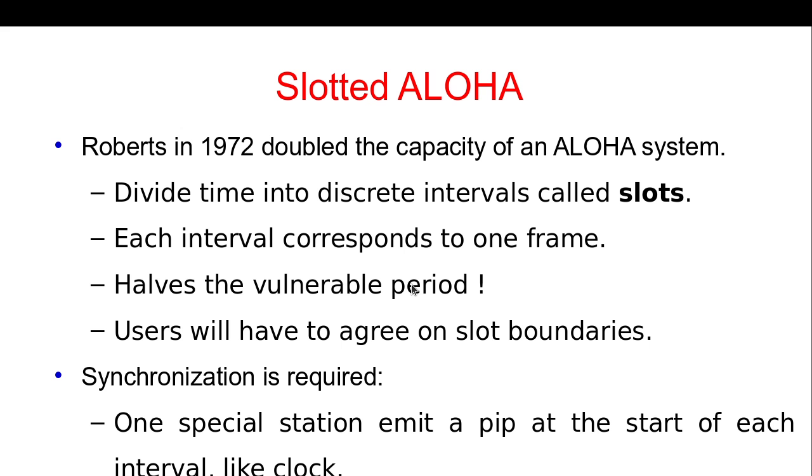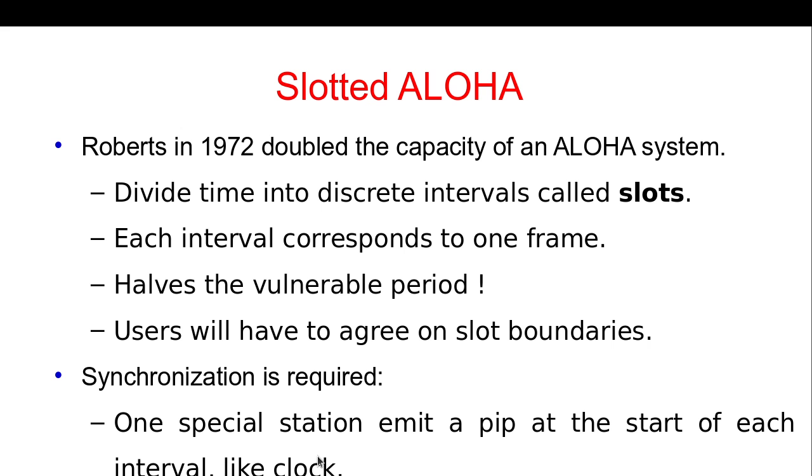So this is how the danger period is now reduced by half. So users only have to agree on slot boundaries, because they need to know where the slot is beginning and where it is ending. And that's why synchronization is required.